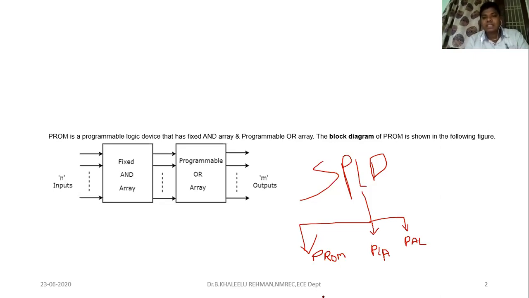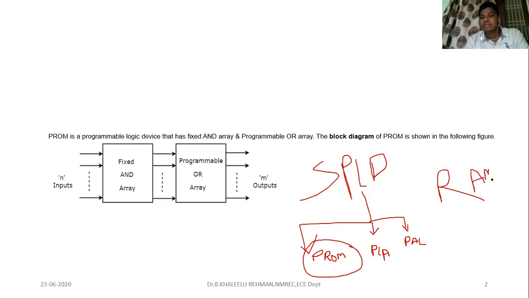Now let us discuss the PROM. PROM stands for programmable read-only memory. Memories include RAM, random access memory, and ROM, read-only memory.